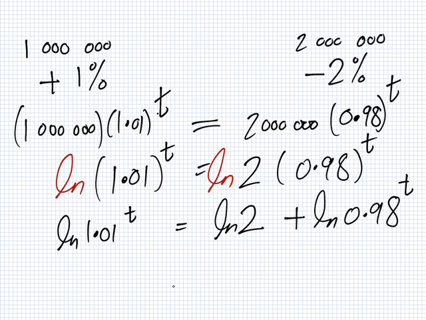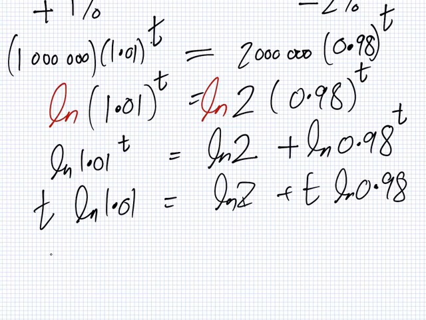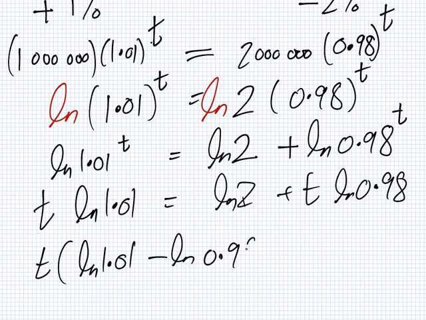Why plus? This is multiplying, so that's why it's a plus here. So this is t log 1.01 equals log 2 plus t log 0.98. So t log 1.01 minus t log 0.98 equals log 2.